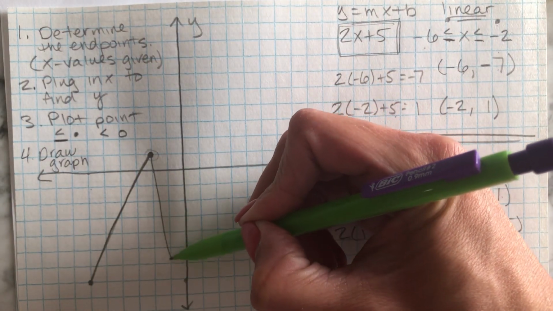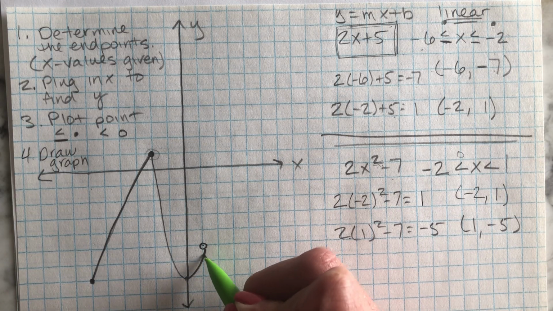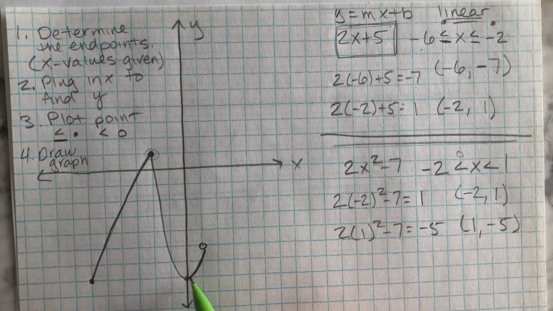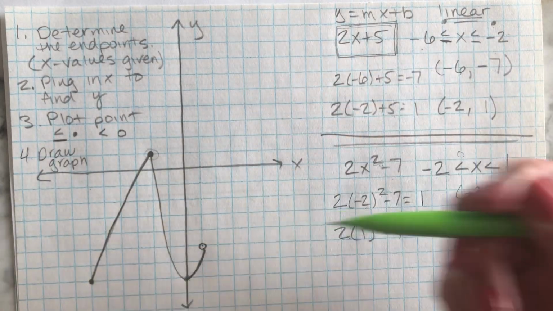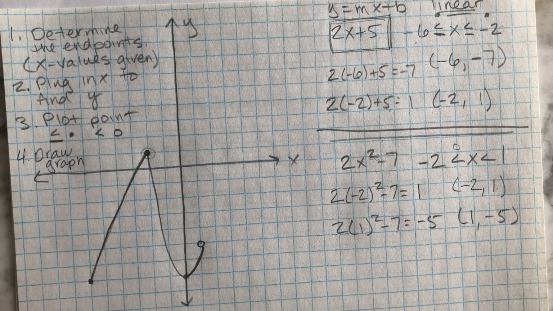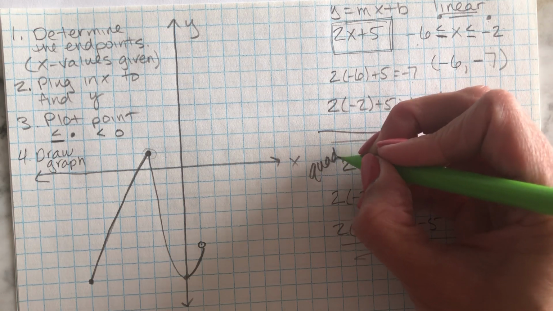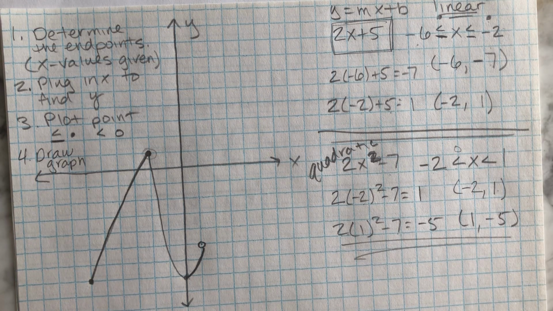So now I can just sketch it. So I'm going to make that U shape, and I know to end down here because -7 shifts it down, and then we can fill in the rest there. All right, so this was a quadratic because of that squared there.